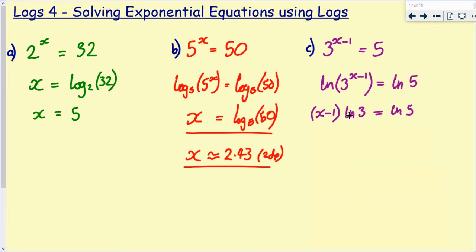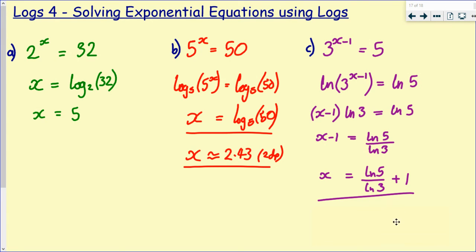Now, we've just got a number equals another number, and we've got times by the variable that we want to find the value of. So here, let's get rid of everything other than the x. So we're going to divide both sides by ln 3, giving us this. Add 1 to both sides, and we've got our answer. Again, this is going to be an irrational number, so that is our exact answer. We could type it into a calculator to get an approximation.